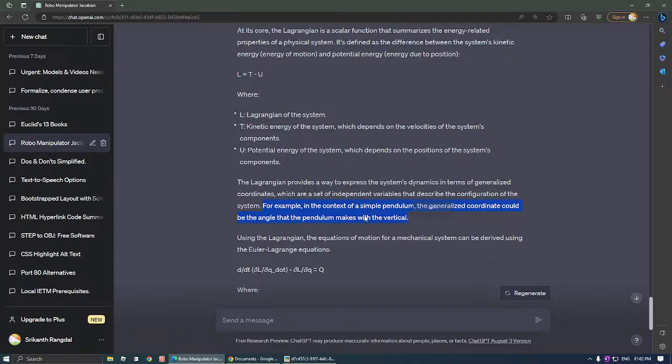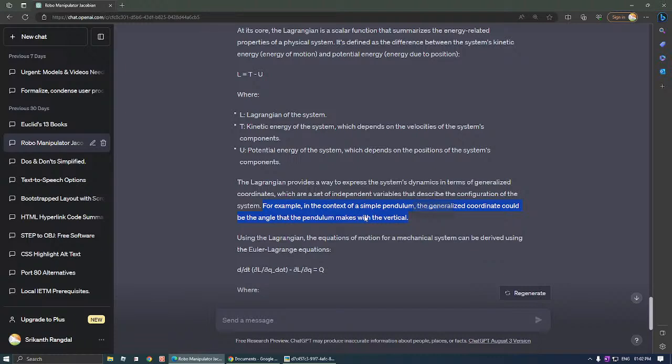Because the motion is going to be coplanar, all the oscillations happen in a single plane, and the thread length is not going to change. We can just worry about the angle that the pendulum makes, and that takes care of everything else.